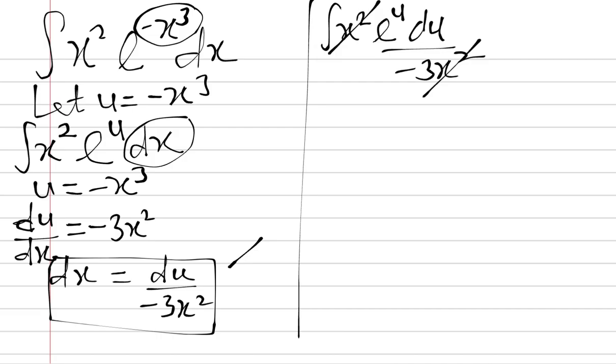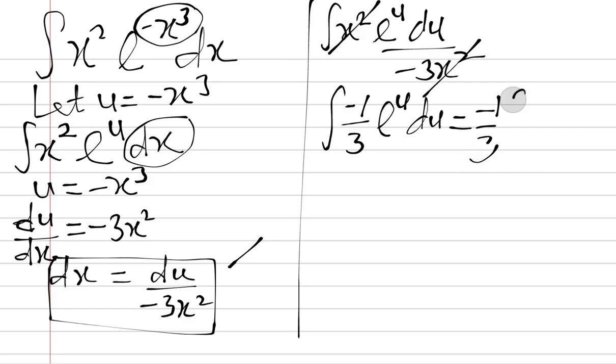So you are going to have integral of minus 1 over 3 exponential u du, which is the same thing as minus 1 over 3 integral of exponential u du.